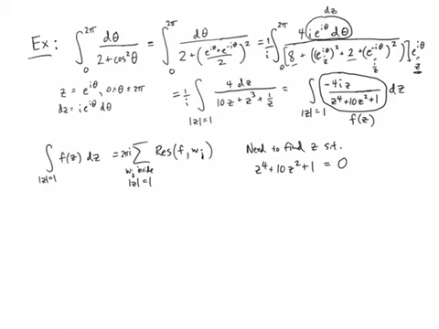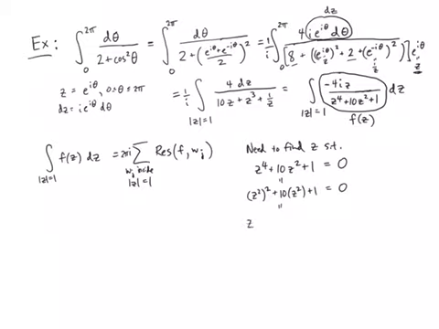So this polynomial here is z squared squared plus 10 times z squared plus 1 equals 0. It's a quadratic in z squared, right?